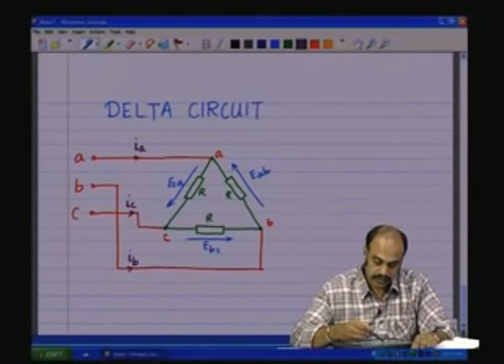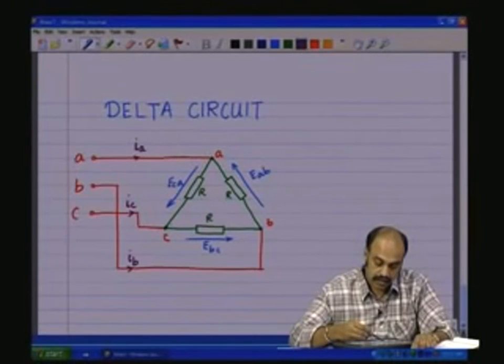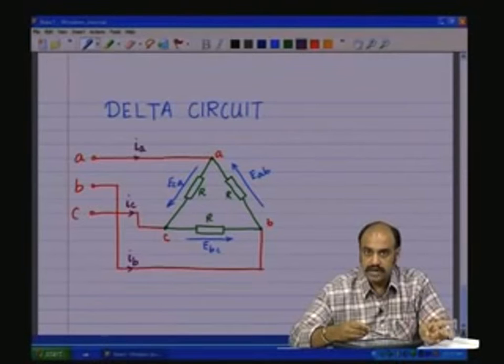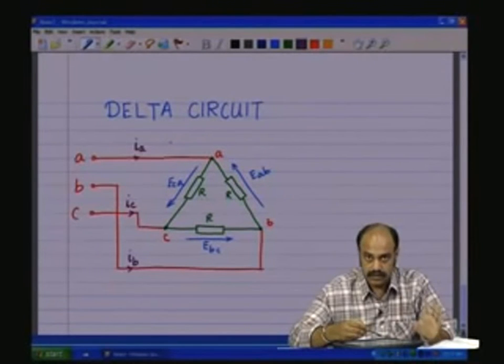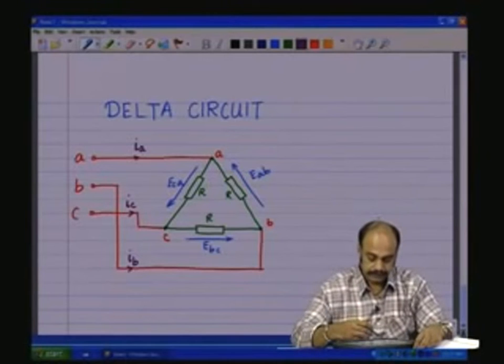All phase voltages, you see across all the phase circuits, you have EAB which is directly connected across the line A and B. EBC, the phase circuit, this R is connected directly across B and C, and so also ECA. So, the phase voltage and the line voltage are the same, whereas in the case of star, the phase currents and the line currents are the same. And in the case of the delta circuit, the line currents and the phase currents are not same, as it was in the case of the star circuit. So, keep that in mind.